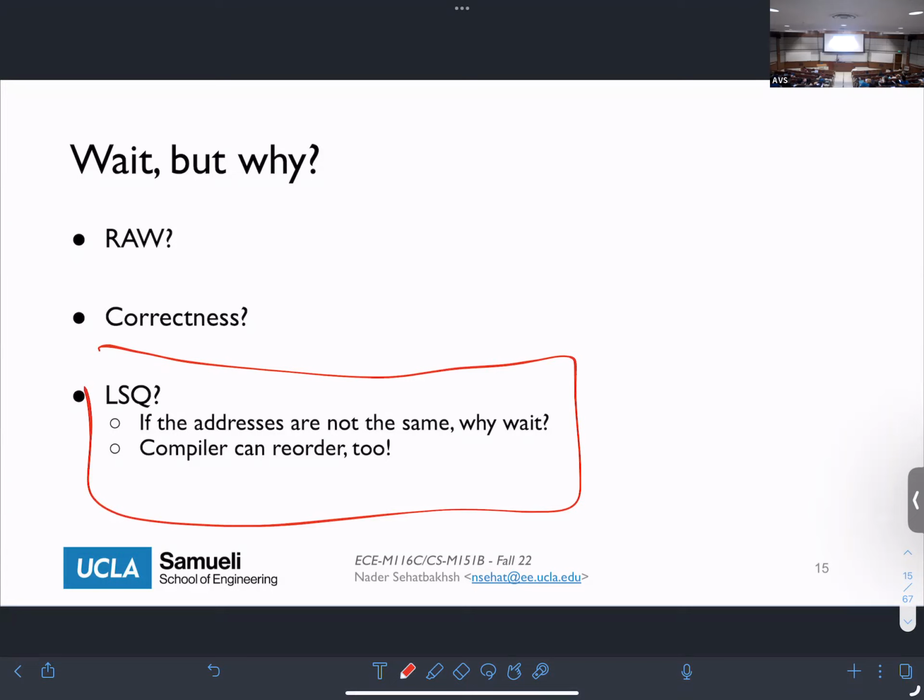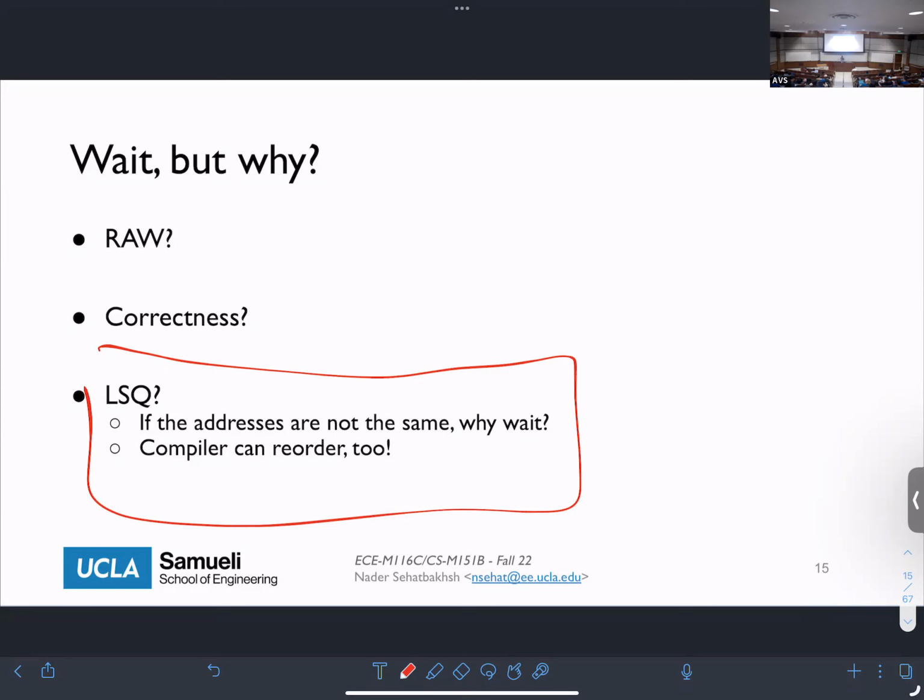Within each core, we are fine because even if the store happens before the load, the load store queue takes care of that. But once we are stepping out of the core and look at the other core, since this is not visible to the other cores, there could be multiple different scenarios.